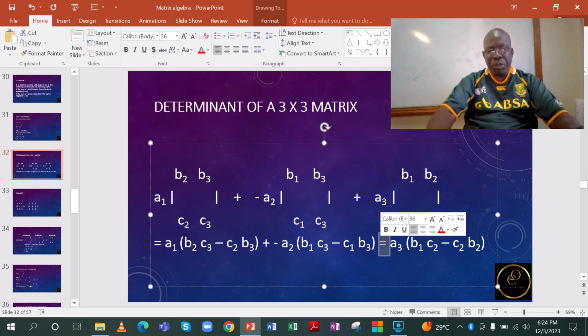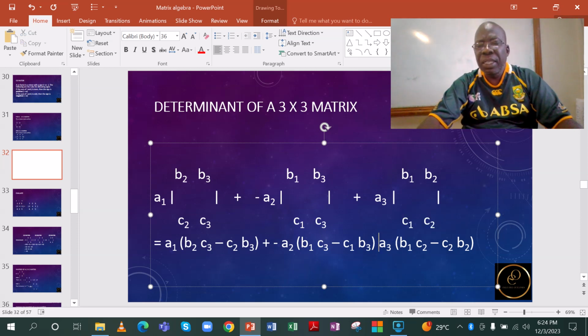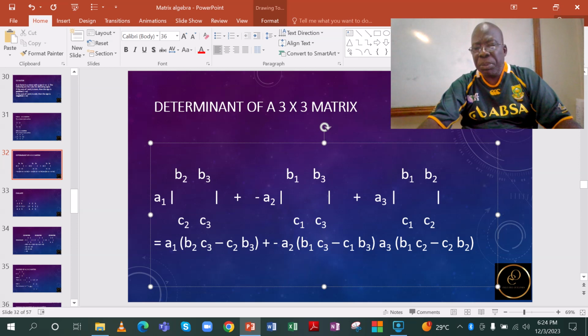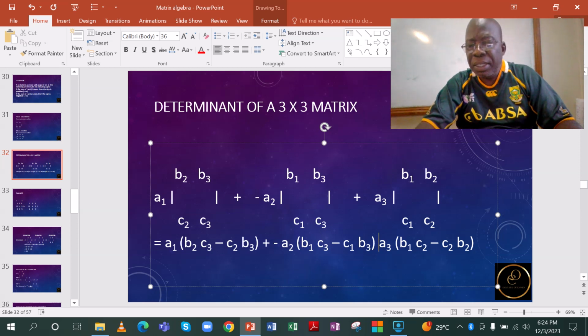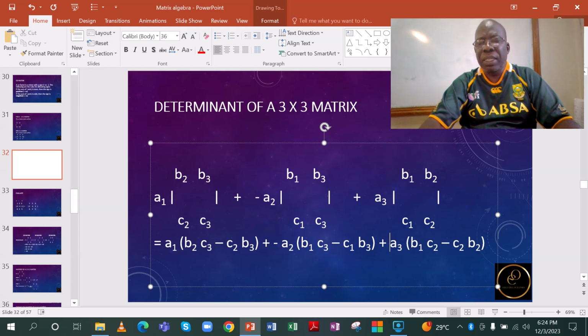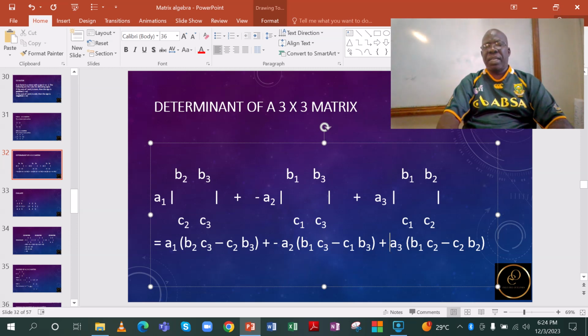This one is supposed to be plus: plus A3 times (B1 multiplied by C2 minus C1 multiplied by B2). So that's what we have.